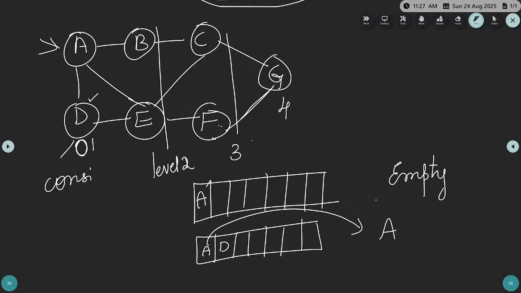Next step B. If there is no unvisited vertex to visit, then perform backtracking.